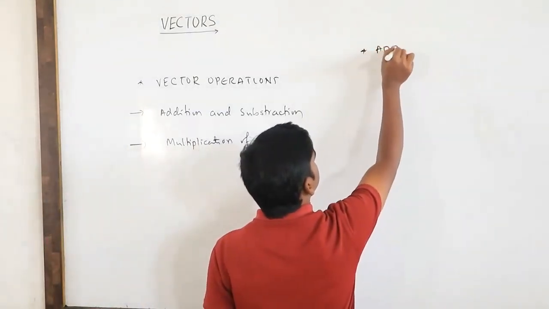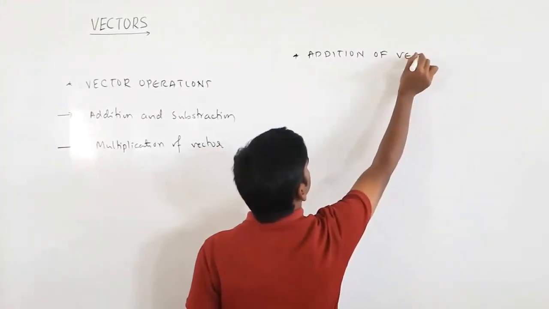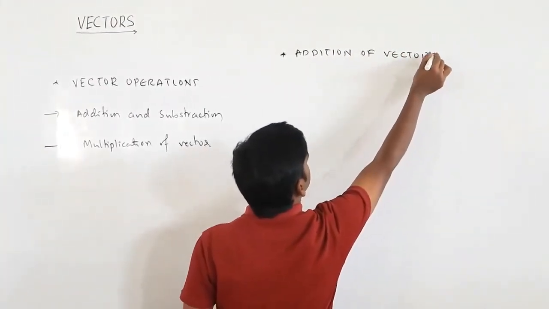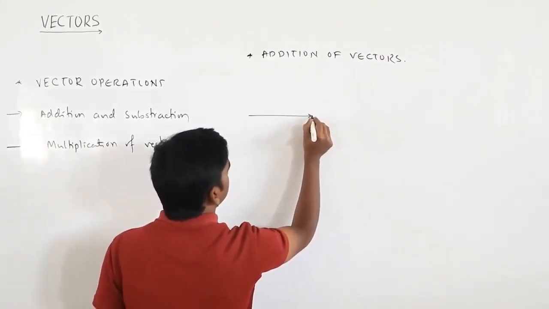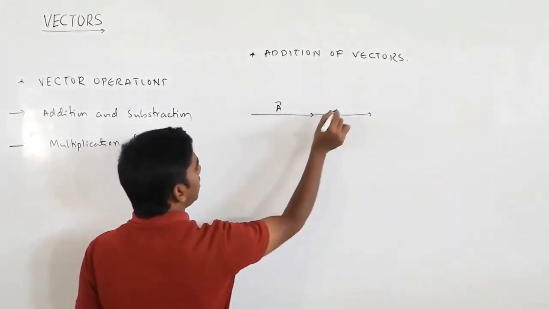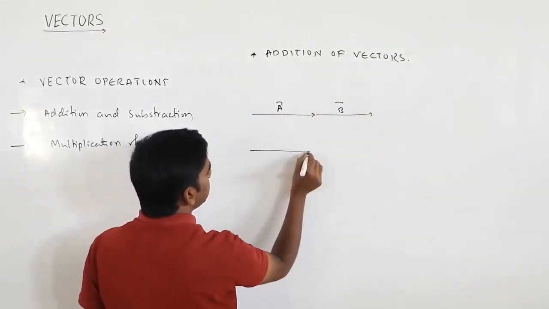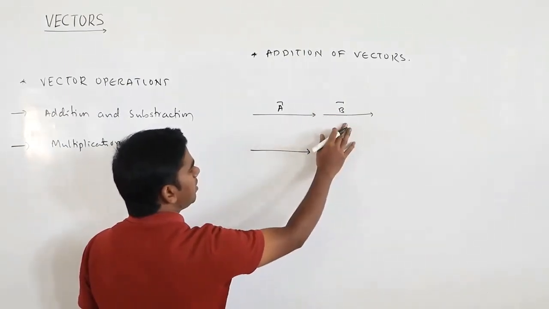If we take the addition of vectors, it's very simple. Suppose one vector is here and another vector is here. This is vector A and this is vector B. Simply take the tail of one and connect it to the head of the other, in the same direction.